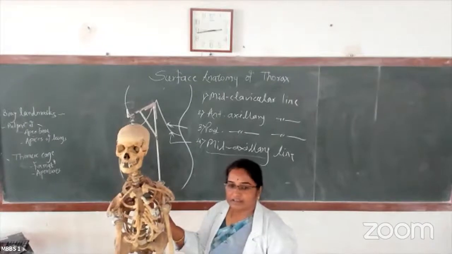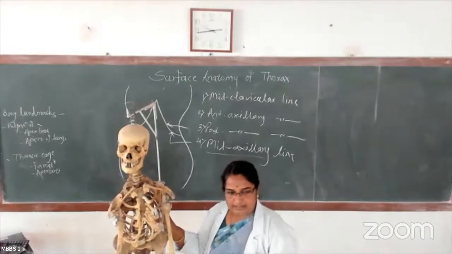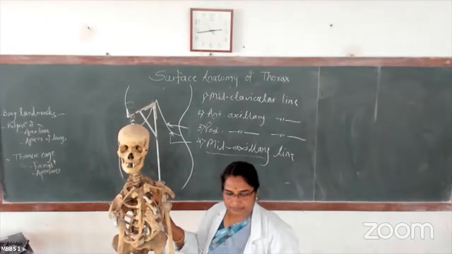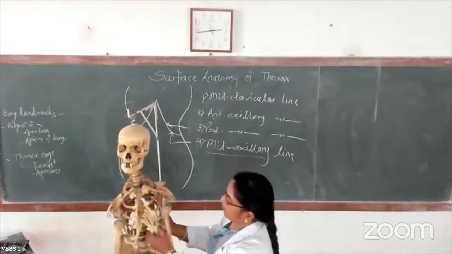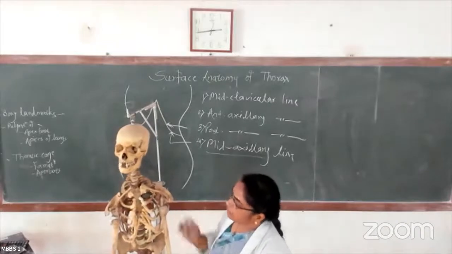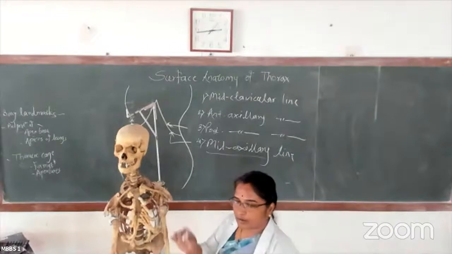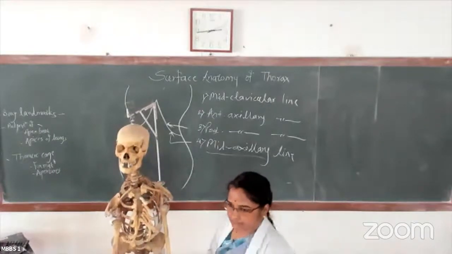It is done in which space? It is done in the 9th intercostal space posterior to the mid-axillary line, isn't it? So for that purpose also you have to count these spaces properly because in some subjects the 12th rib may be missing, so the counting of these spaces may go wrong.